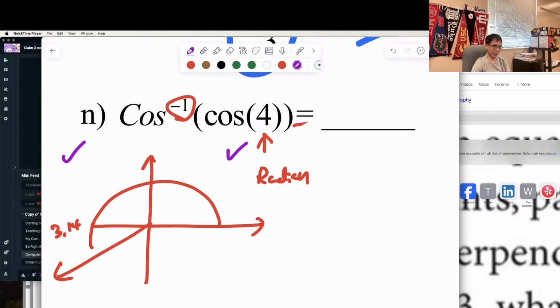So yeah, it's going to be the same thing. But there's also another value here that gives you the same thing. Here, cosine of, let's say, 2.8 something is going to give you the same exact thing. Try it. Type in cosine of 2 point what?